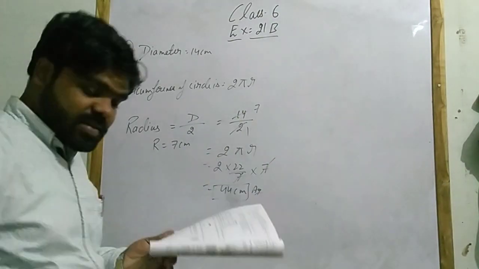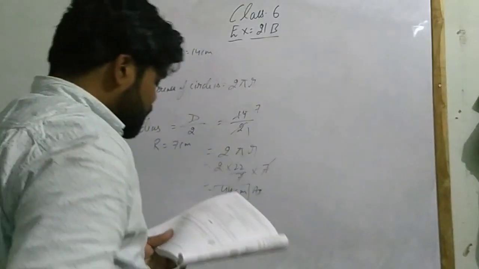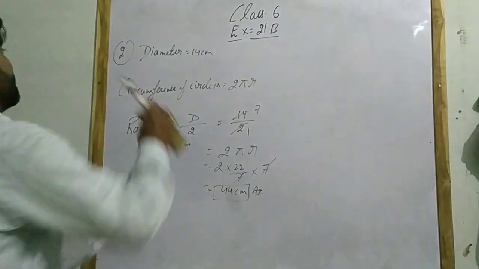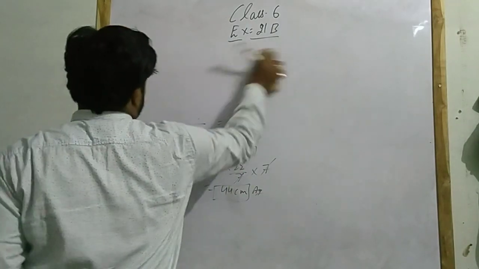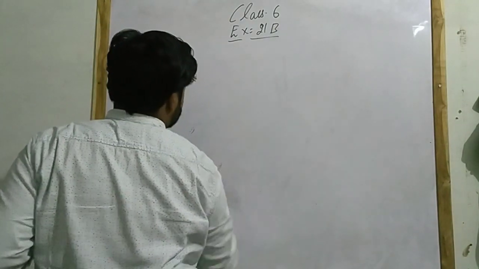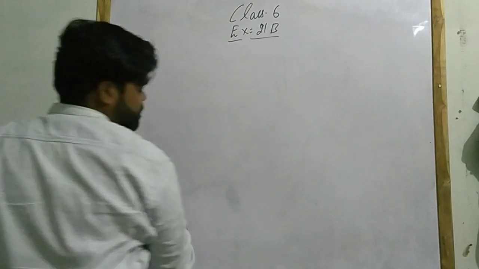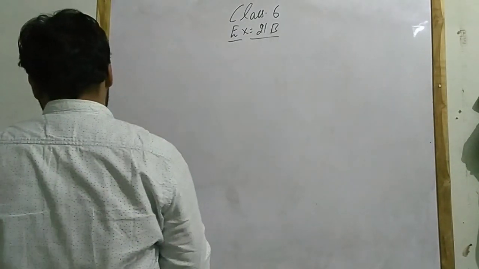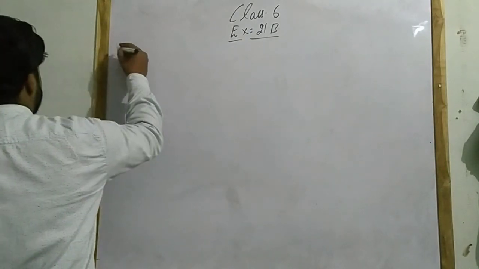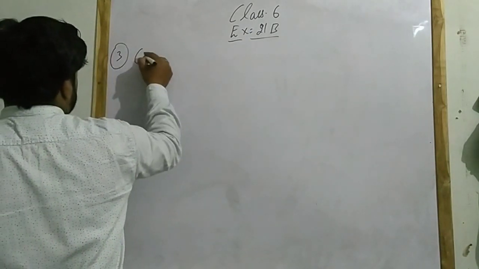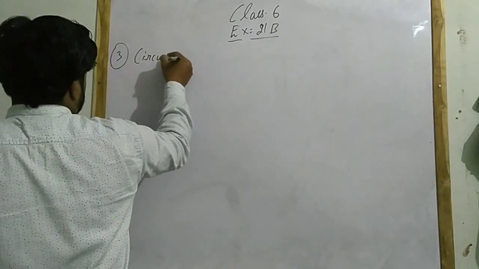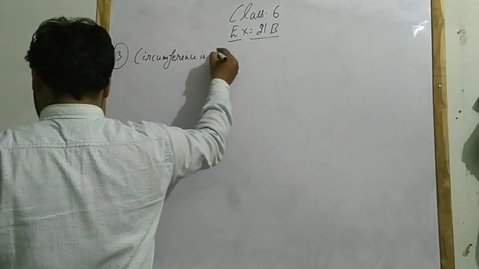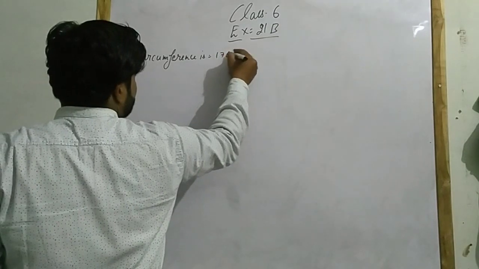Find the radius of a circle whose circumference is 176 centimeter. Now we have to find the radius in the third question. Here the circumference is 176 centimeter.